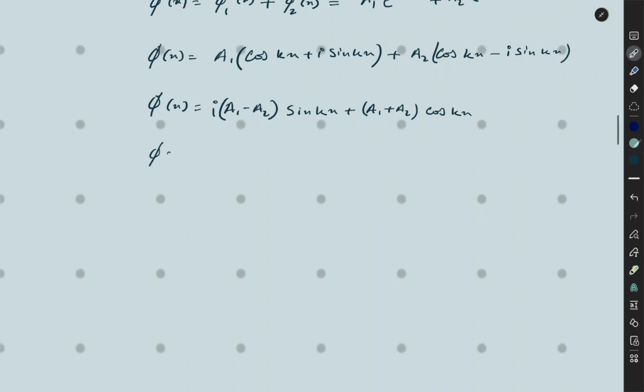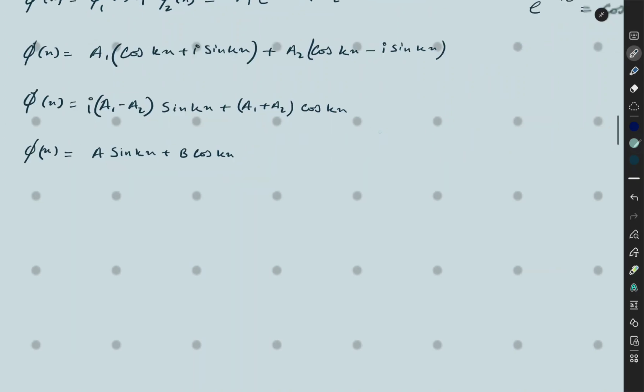So now let us consider this part as A sin kx plus B cos kx, where A and B are arbitrary constants, so we do not need to care about the value of those.